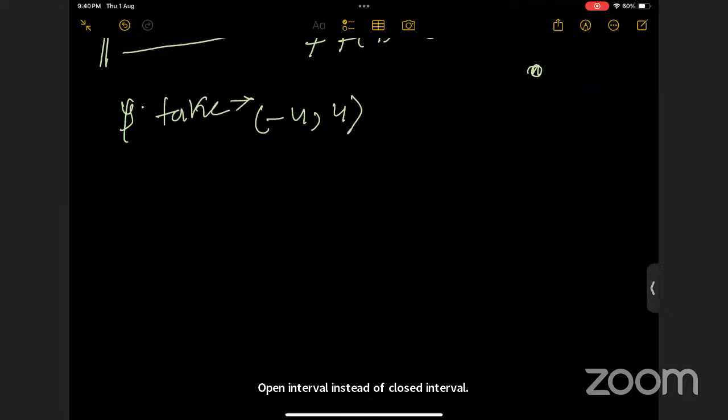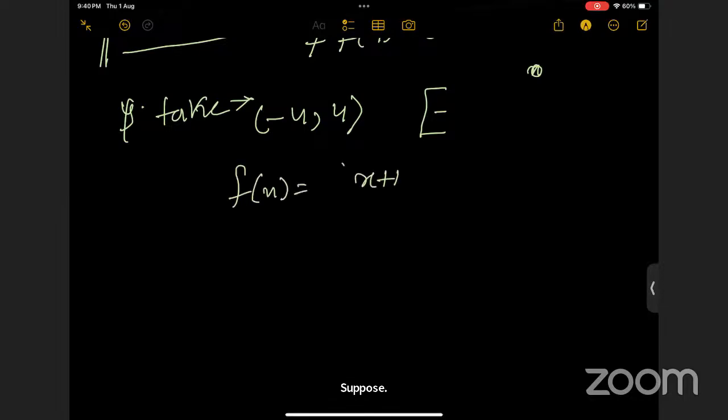Or you can take a disjoint interval also, for the same function. Suppose this is the example. You can do it on your own.